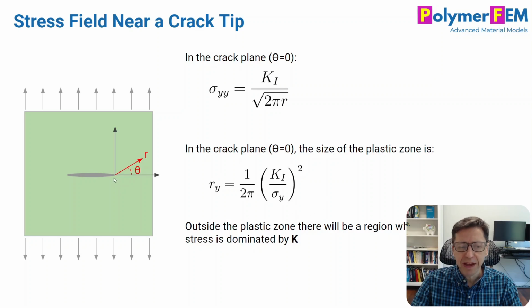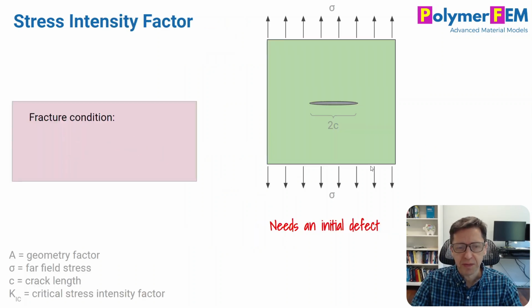So that's how big a region in front of the crack tip you will actually have stresses that exceed the yield stress. And the point here is that outside that region, outside the plastic zone, you will have a stress field that is given by the linear elastic stress response. And that's why linear elastic fracture mechanics works under those circumstances.